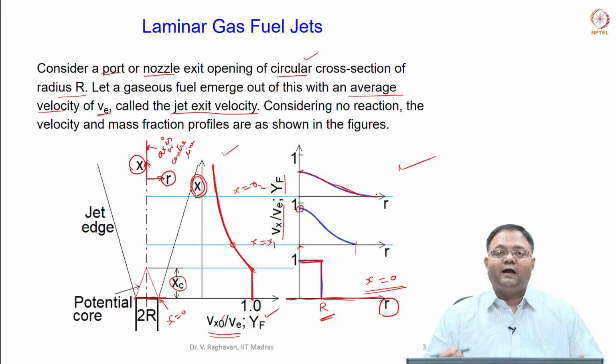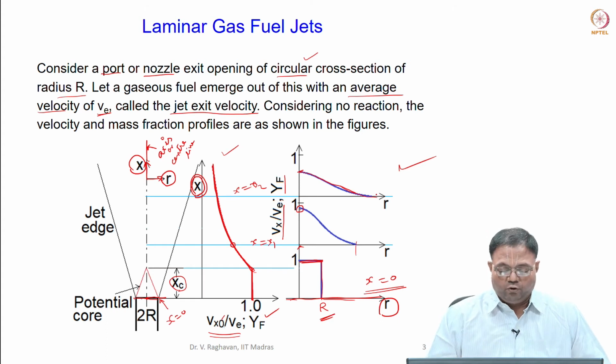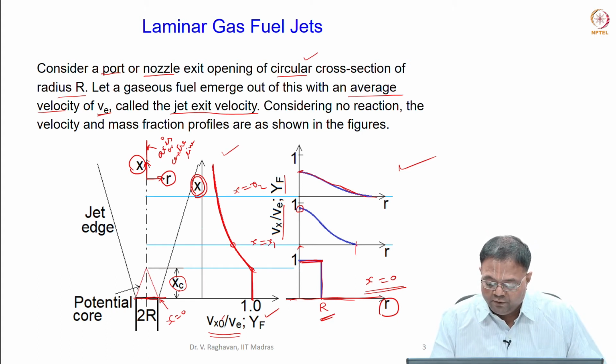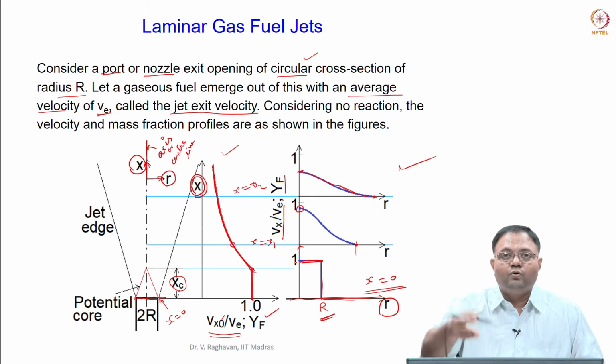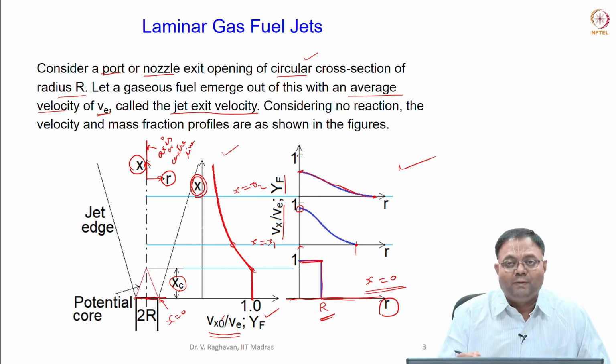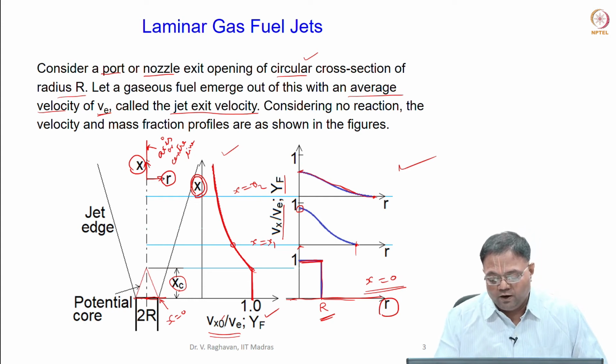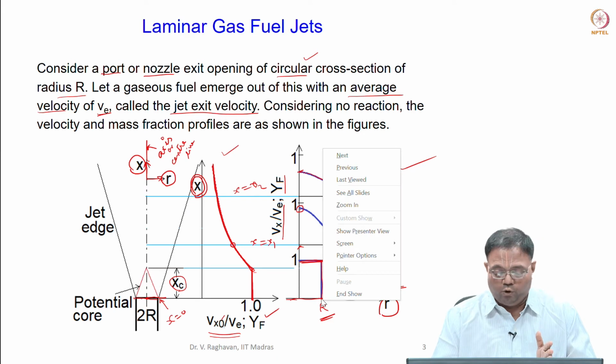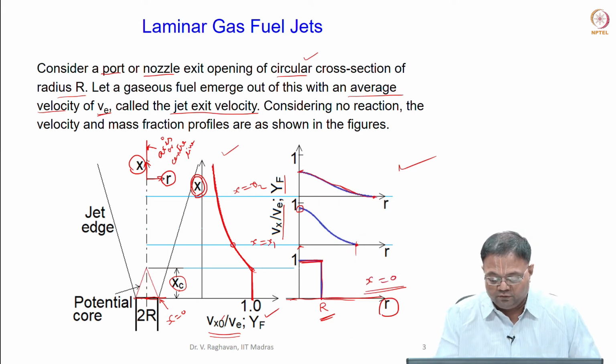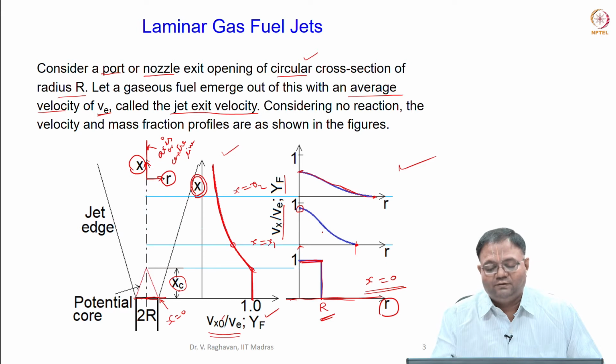Let us discuss the characteristics of this jet. You can see that the point at which it goes almost to 0 value increases with x. Again, the center line maximum value of these quantities is decreasing. At x equal to 0, the values become 0 immediately at the radius of the port, but as x increases the value goes to 0 at a longer radial value.